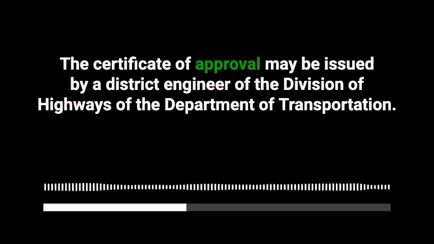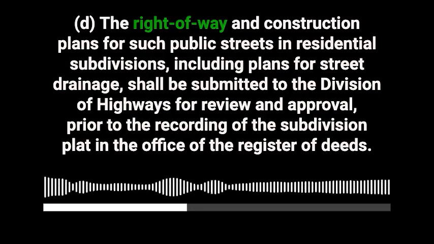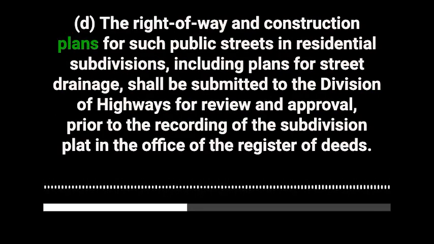The certificate of approval may be issued by a district engineer of the Division of Highways of the Department of Transportation. The right-of-way and construction plans for such public streets and residential subdivisions, including plans for street drainage, shall be submitted to the Division of Highways for review and approval prior to the recording of the subdivision plat in the office of the Register of Deeds.